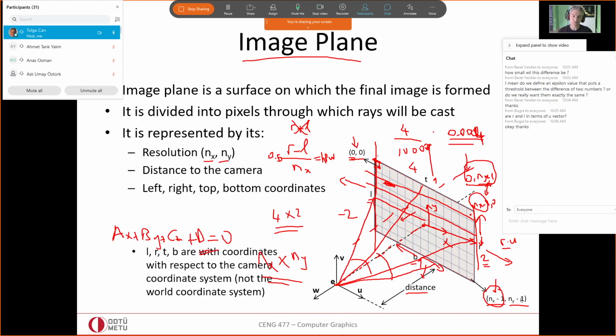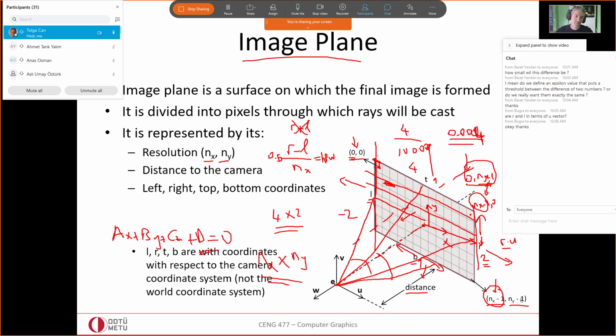Yeah, there it says L, R, B, T with coordinates with respect to the camera coordinate system. They're not actually coordinates, as I said. You can consider L as an x is equal to -2 line.